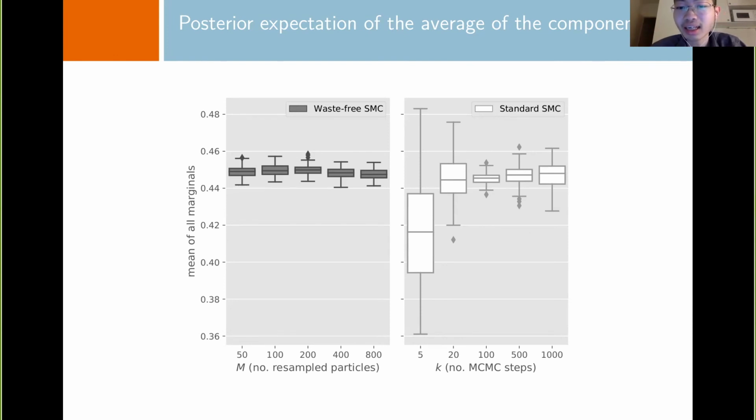And at the end, increasing the number of MCMC steps so high actually destabilizes your estimate. So you cannot choose k to be too small or too big. You have to choose k somewhere in the middle at the right spot, and that is the inherent difficulty with standard SMC. Whereas with waste-free SMC, you do not have this kind of difficulty.